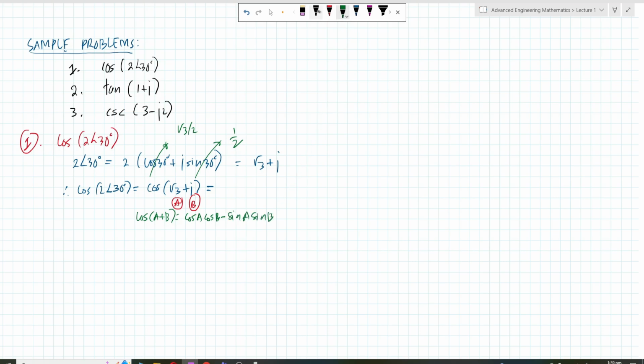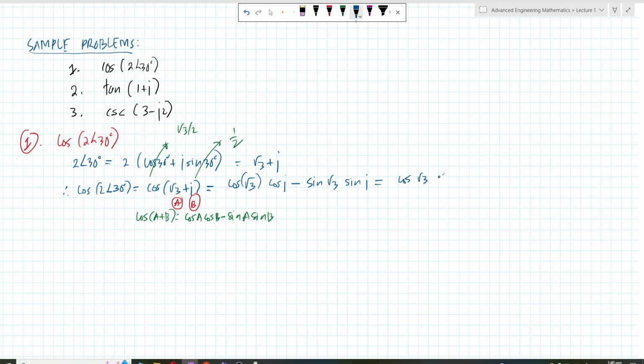Ayan, so magiging cosine of square root of 3 cosine of j, minus the sine of the square root of 3 and then the sine of j. Okay, cosine of j is the same as cosine hyperbolic.